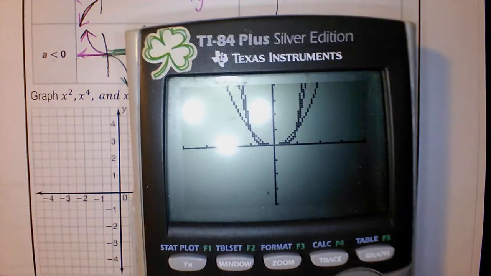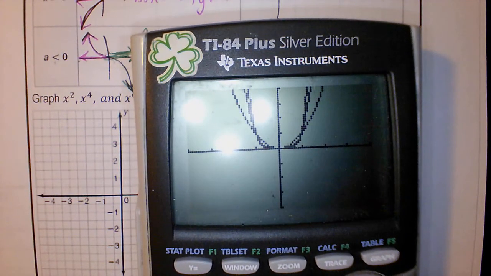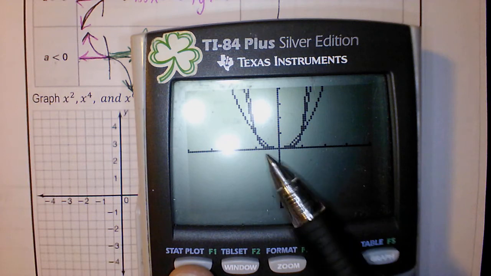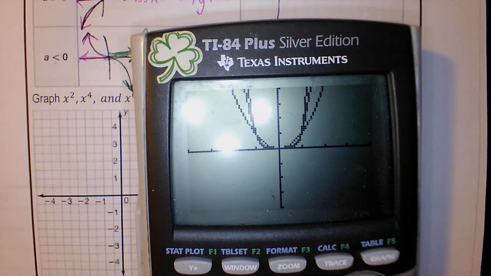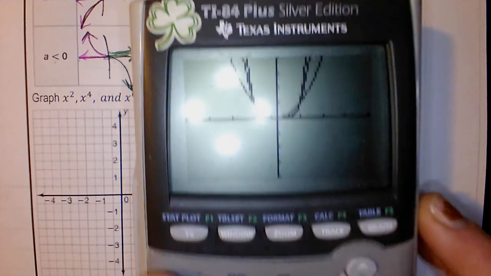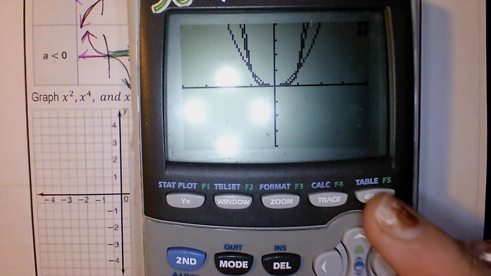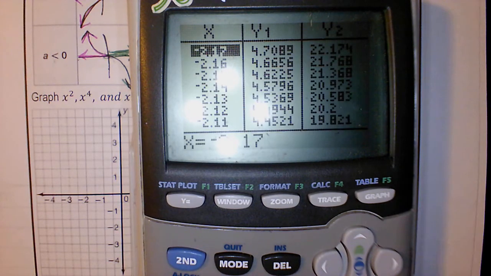Okay, so all the same parabolas we thought we saw before when we went over our power functions, but we can see a little bit more of that flattening out than we could see before. We can also see that there are some points that we have in common. If you guys would like to go to your table, you just go second table, and it will pull up your table for all 3 graphs.